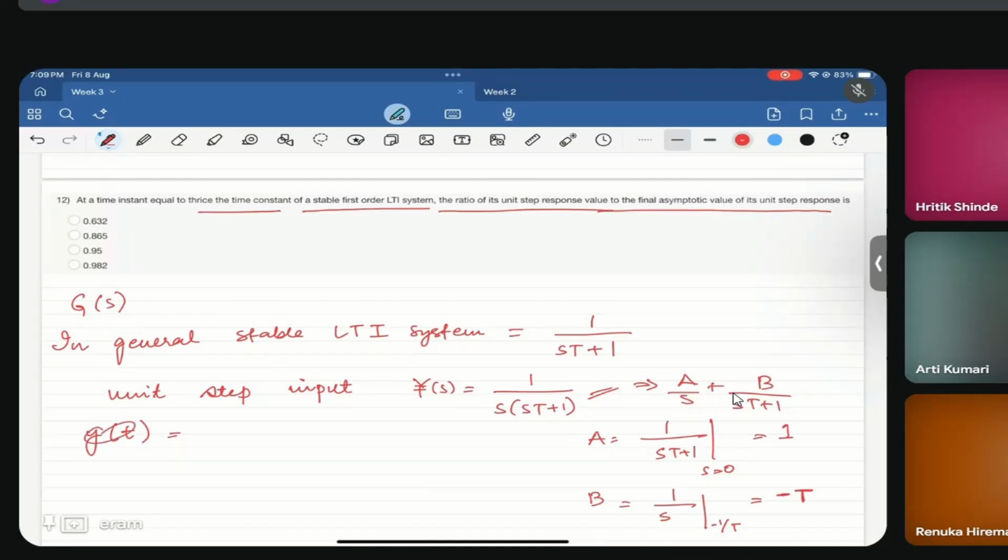So let's write it again first here. So Y(s) is now 1 by s minus T by (sT plus 1).